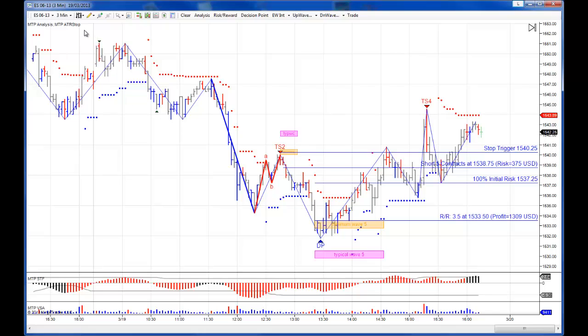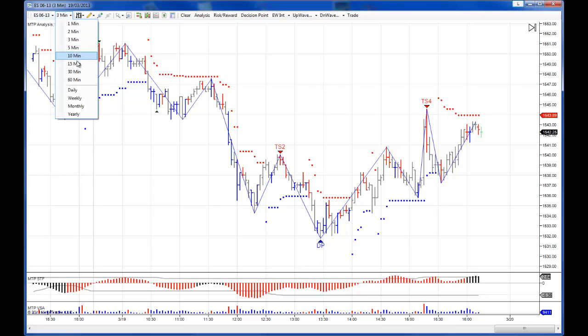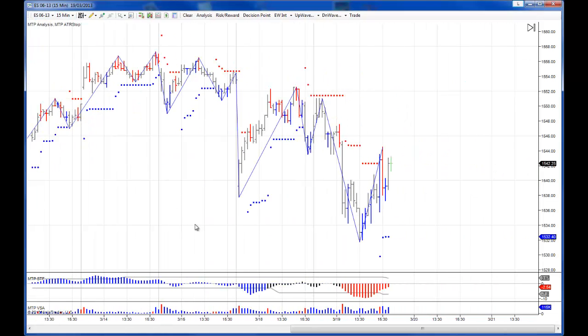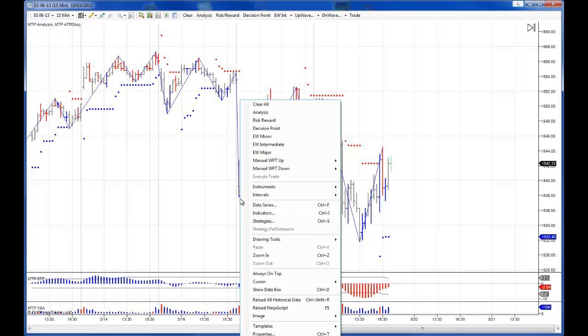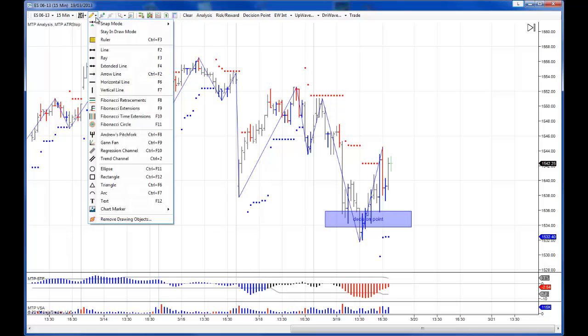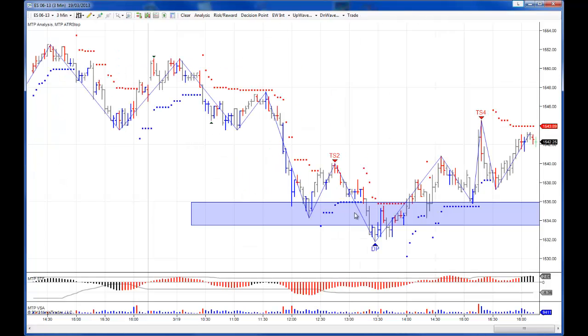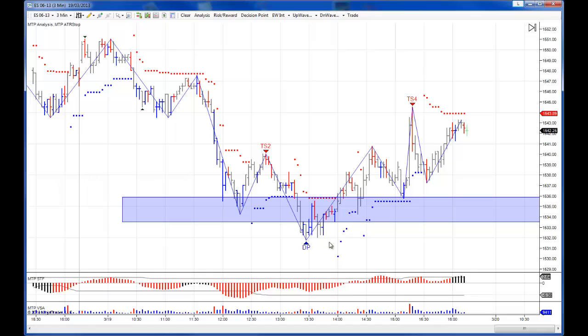For a second, if I just clear this off, because I was looking at the YM earlier, if I go to the 15-minute chart on the ES and I place the DP on there, you can see how that was also in the area of catching the low as well. If I do a rectangle around here and then go back to the 3-minute chart, you can see it wasn't quite as clear as on the YM.